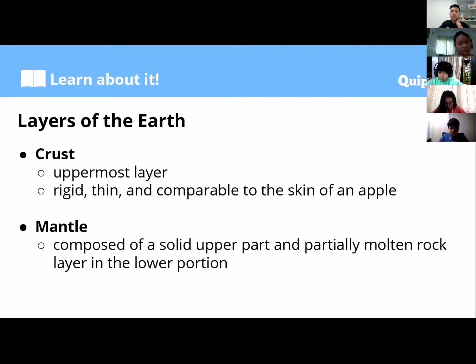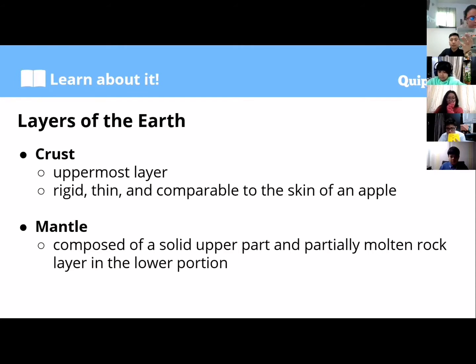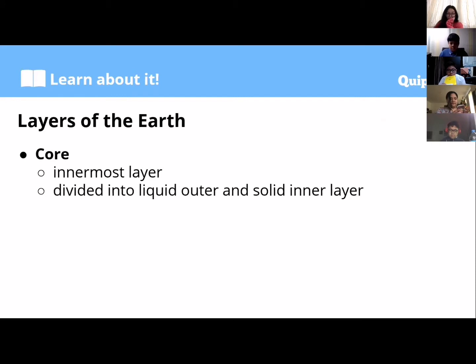Mantle can be the white part of the egg. Kapag nag-boil kayo ng egg, you can compare it dun sa white part niya. Ayan. And then we also have the core, the innermost layer, is divided into liquid outer and solid inner layer. So sa core, you can compare it with the egg yolk and the yellow part of an egg.